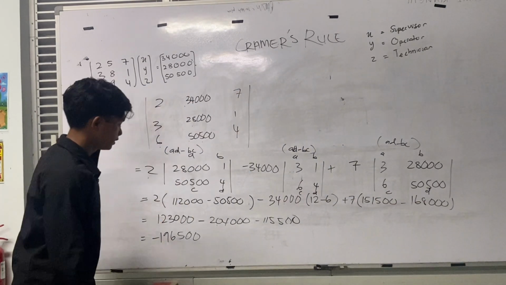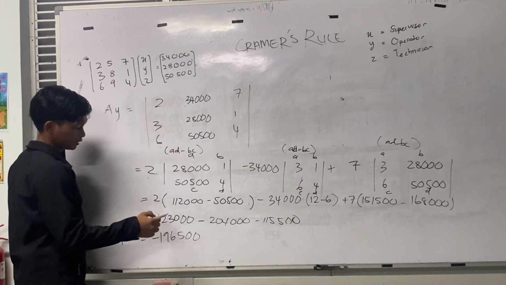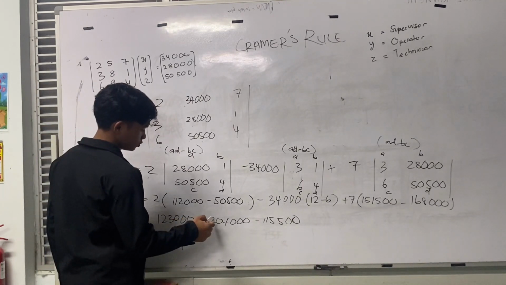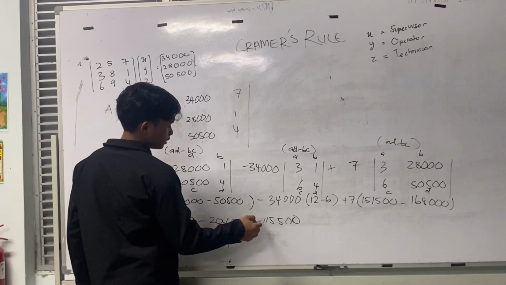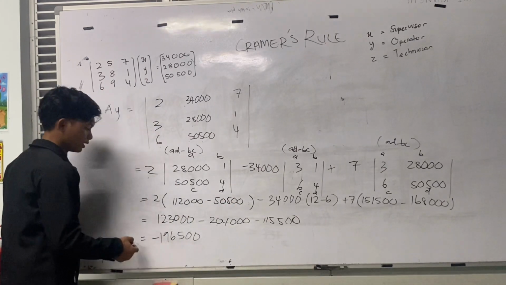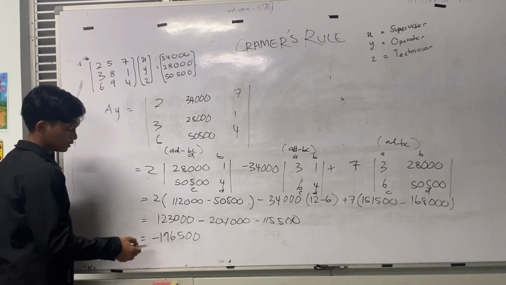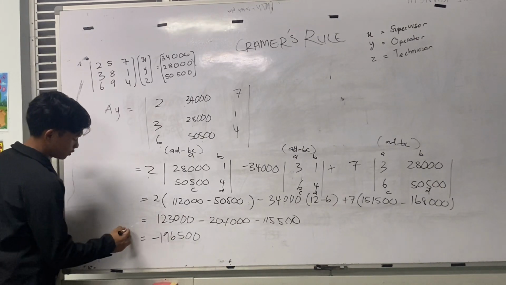Then we get 123,000 minus 204,000 minus 115,500, and the last answer will be negative 196,500 for your AY.